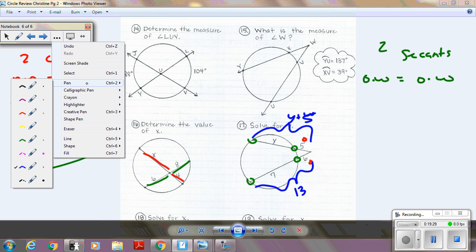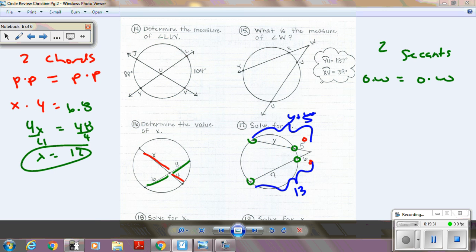So again, it's outside times whole. So outside is 5. Whole thing we said was y plus 5. The other one, the outside was 6 times the whole thing, which is 13. Now we have to distribute the 5 on the left side of the equation.